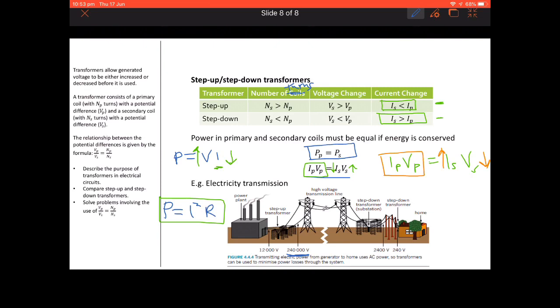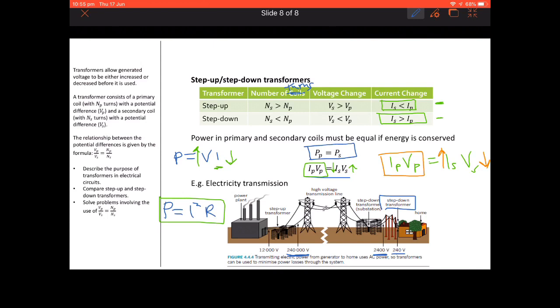Eventually the electricity will get to a substation and there'll be a step down transformer here. So this might reduce the voltage to a lesser amount as it's getting closer to wherever it needs to be used. And then eventually there'll be a step down transformer located at the home, and this will step the voltage down to 240 volts, and 240 volts is the standard voltage in this country.